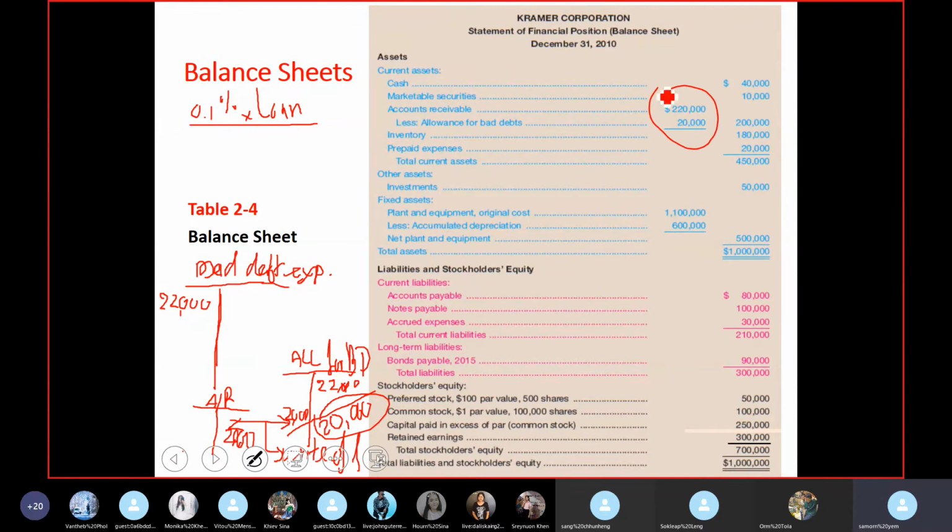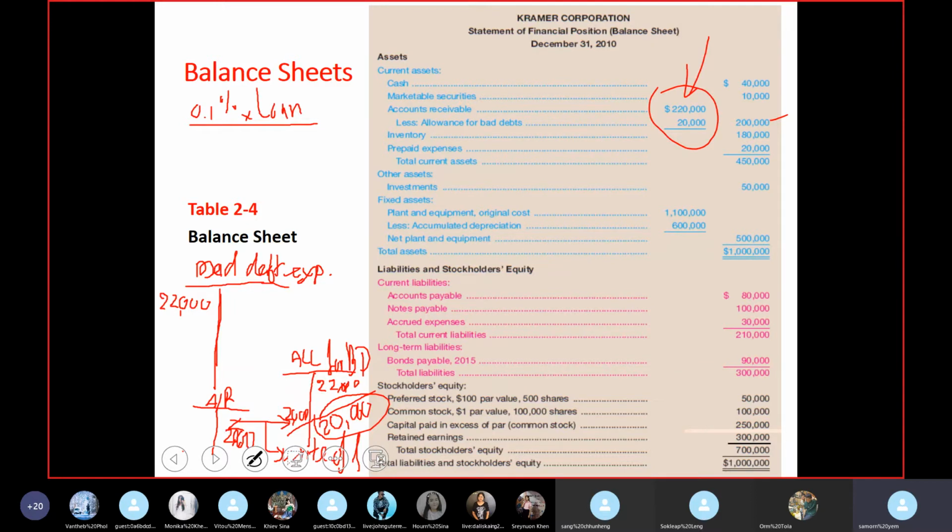You check that the net account receivable is only 200,000 USD. It means that there is a total of 220,000 of total account receivable, and at least 20,000 of it is bad debt, or people who, under the estimation, cannot pay back to the company.